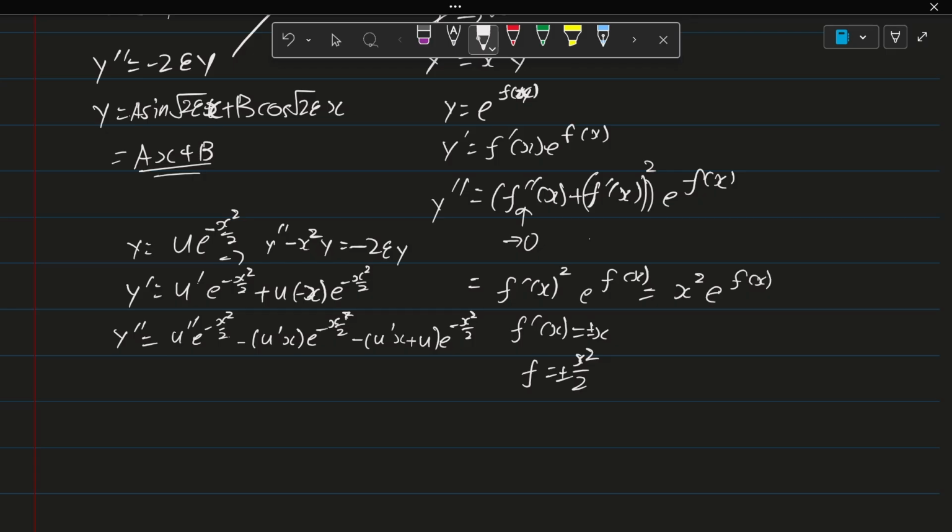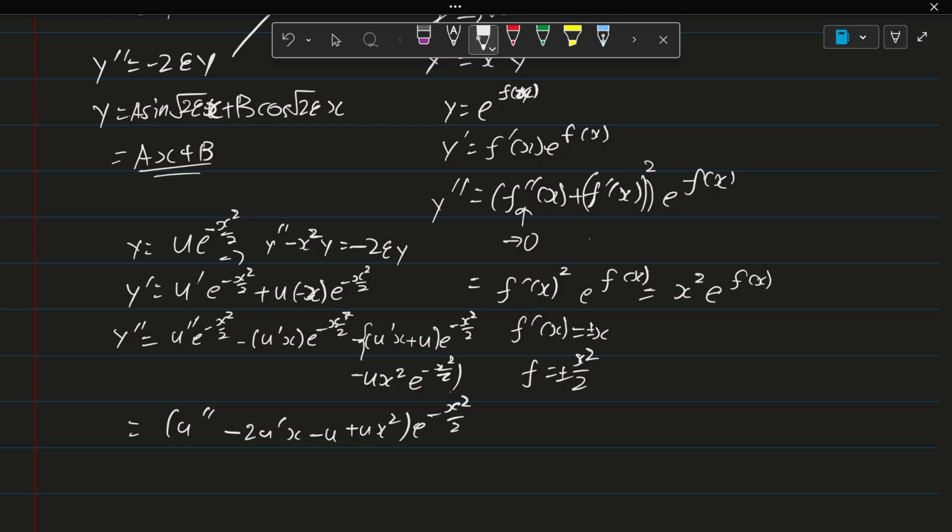You also add this with the u of x of negative x, so it's negative x squared there, e to the power negative x squared over 2. So if you simplify this, this becomes u double prime minus 2u prime x minus u plus ux squared, e to the power negative x squared over 2.